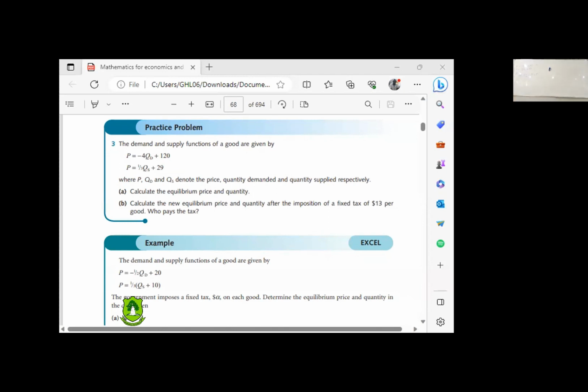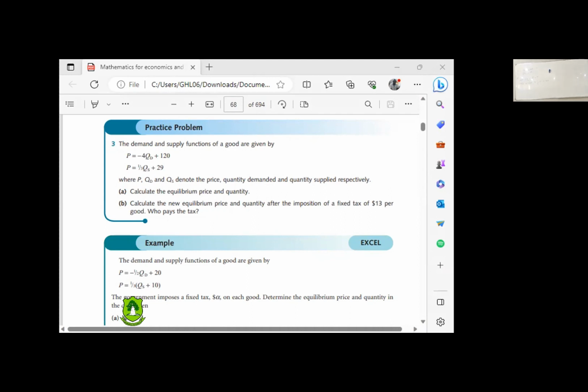Are we together? So in this particular piece, we have minus 4Q plus 120. This is the first one. It is equal to 1 over 3 Q_S plus 29. And we know at equilibrium, quantity supplied and quantity demanded are the same, so you don't need to bring this one, you also don't need to bring this one.